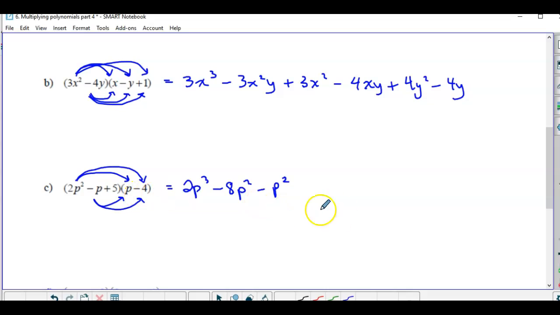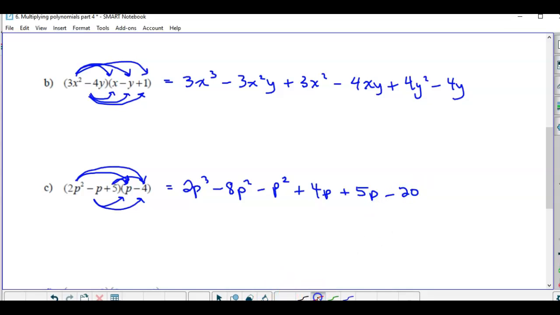Negative p times negative 4 is positive 4p, so plus 4p. And then we've got to take the 5. So now 5 times p and 5 times negative 4, so plus 5p minus 20.